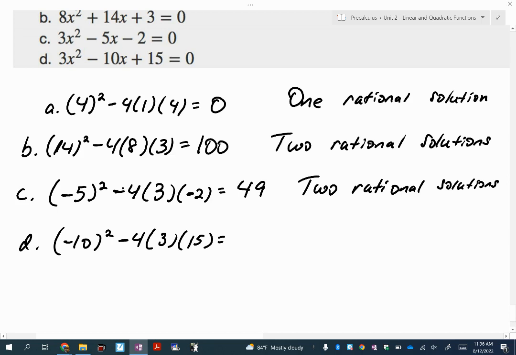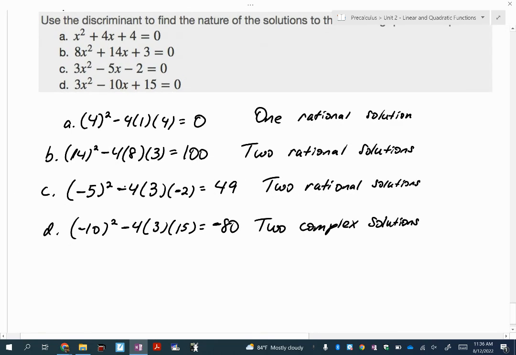Let's confirm. Yes, it's 180, so 100 minus 180 is going to be negative 80, and that's a negative. So I'm going to have two complex solutions. All right, so that's how you can decide or characterize the solutions before you actually solve them. Don't forget, at this point, you are ready to try some practice problems.